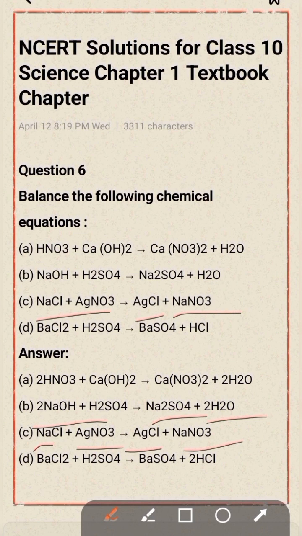Next part D. BaCl2 barium chloride plus sulfuric acid H2SO4 form barium sulfate BaSO4 plus HCl. That is the balanced equation: BaCl2 plus H2SO4 product formation BaSO4 plus 2HCl.